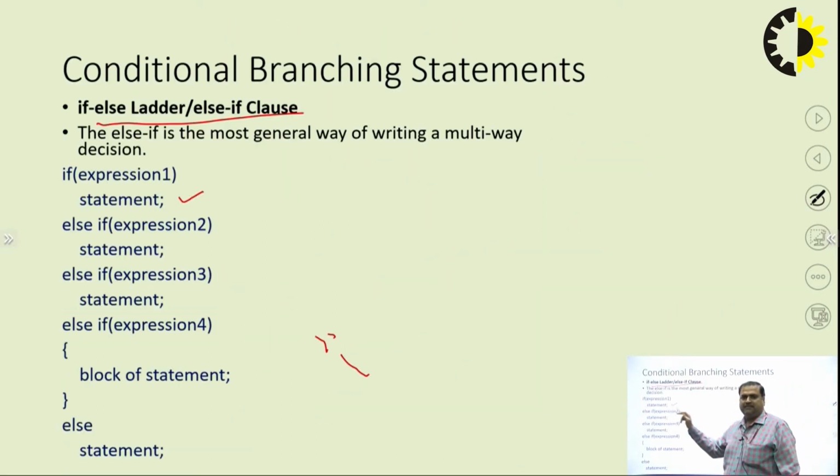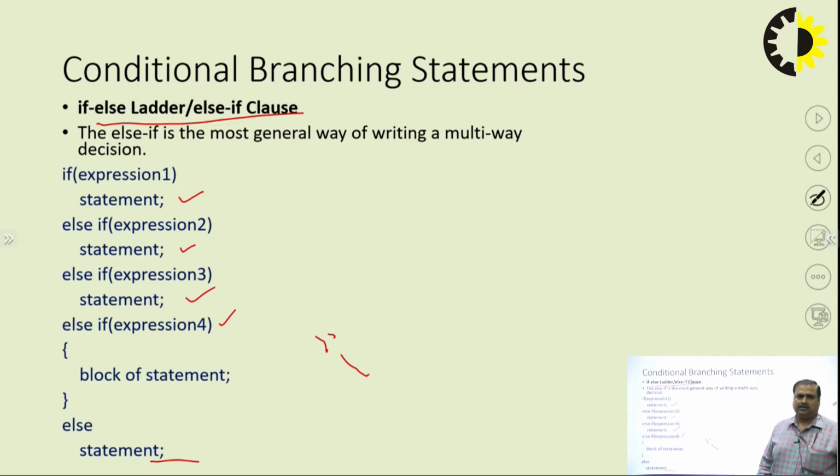So else if expression 2 is true, then this statement will be executed. Otherwise, if expression 2 is also false, then we will check expression 3. If true, then this will be executed. Else, expression 4 will be checked. This will be done. Otherwise, finally, this statement is executed. And this kind of structure is called multi-way decision structure.